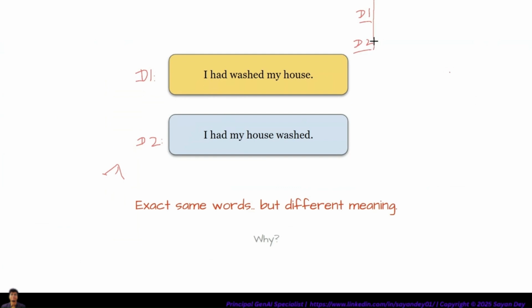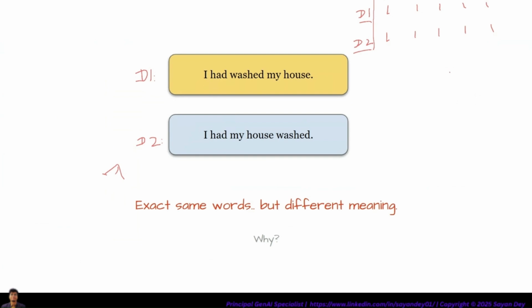Now in both these documents, each of these words comes one time each. So the moment you convert these documents into a numeric vectorized form, because machines don't understand text, the vectors look exactly the same.